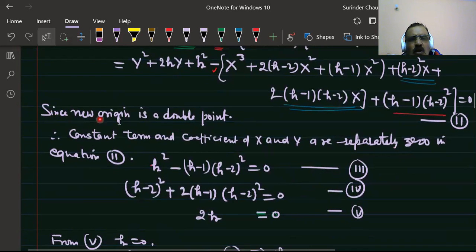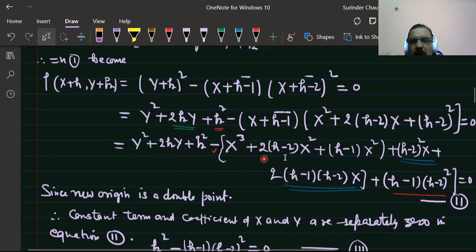Now since the new origin is a double point, we have arranged it. Put the coefficient of the constant term and the first degree terms in X and Y separately equal to 0. So now this is the first degree term in Y.